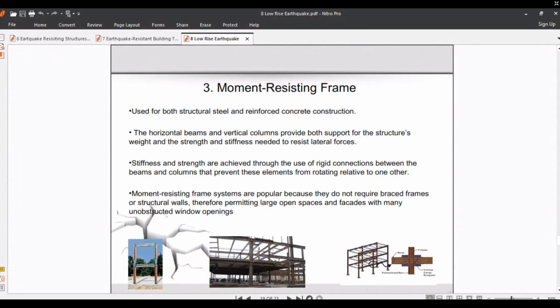Another way, using moment resistant frame. Moment resistant frame is used for both structural steel and reinforced concrete construction, as shown in these schematic shapes. The horizontal beams and vertical columns provide both support for the structure's weight and the strength and the stiffness needed to resist lateral forces.